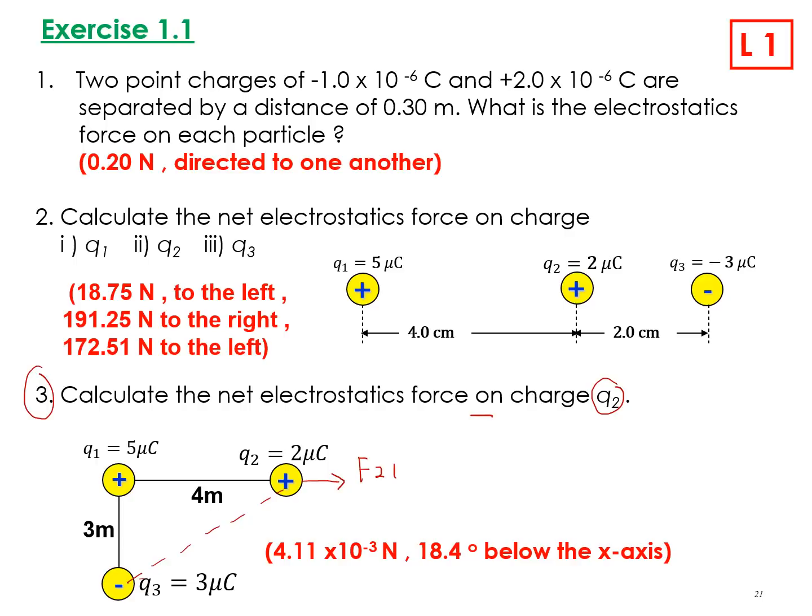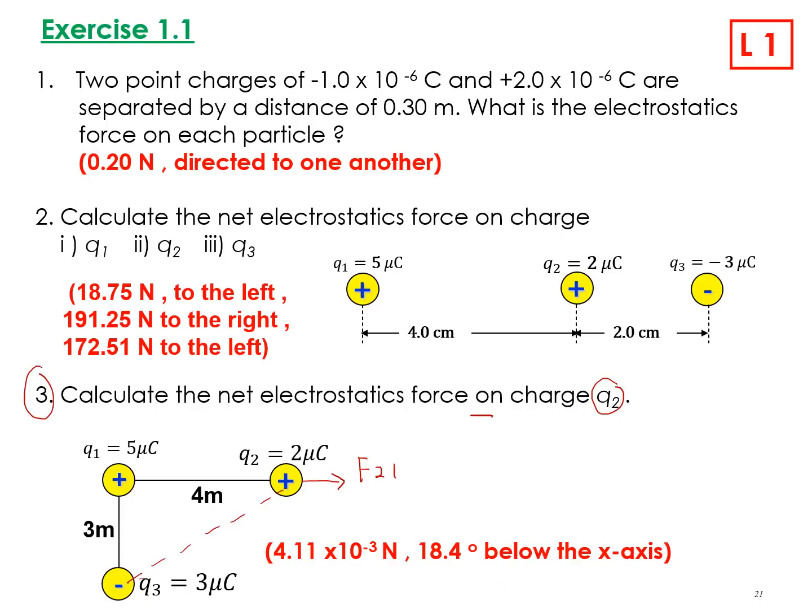So this is F21. How about the electrostatic force on Q2 due to Q3? If you look here, Q2 is positive, Q3 is negative. Therefore, Q2 will be attracted to Q3. But how do you draw the direction of the electric force?